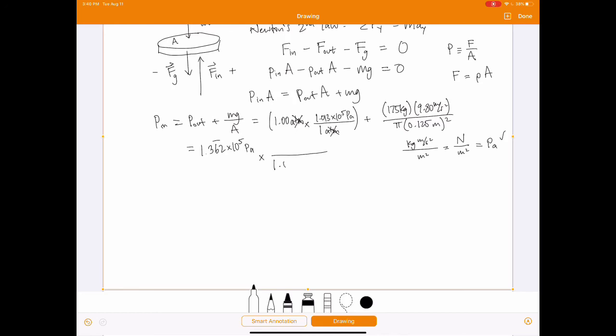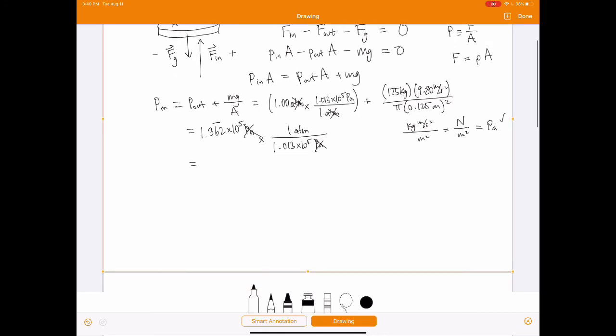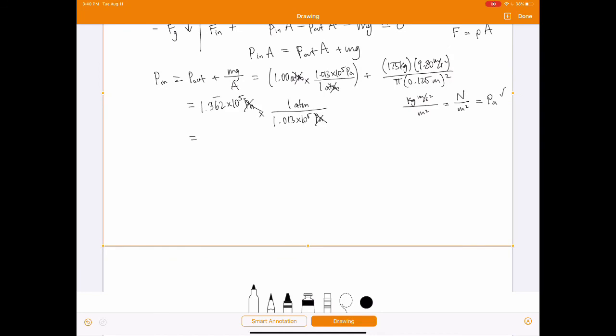So we have 1.013 times 10 to the 5 pascals in every 1 atmosphere. So in this unit, if you crunch these numbers, you get 1.34 atmospheres. Okay, so that's the pressure in the piston, or in the cylinder.